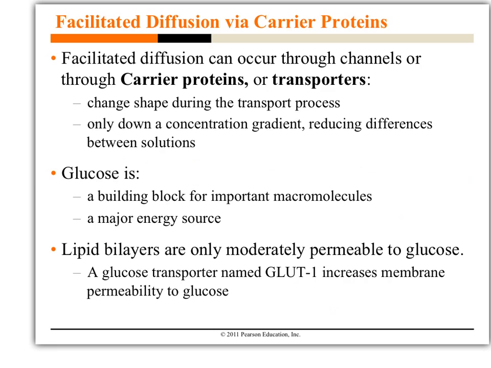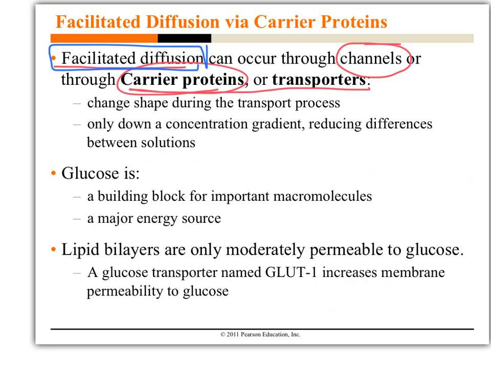Facilitated diffusion can also go by carrier proteins or transporters. So the channels and the carrier proteins are both facilitated diffusion. Yeah, it is a little bit scary, but that's all you have to remember. Facilitated diffusion is diffusion just helped. So a carrier protein, again, no energy. Channels, no energy, but they help out diffusion. So what is a carrier protein's job? How is that different than a channel?